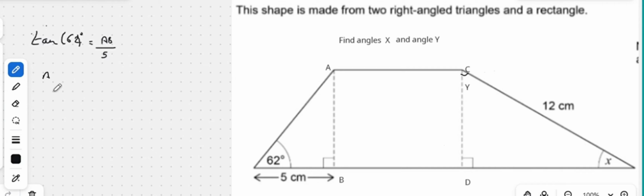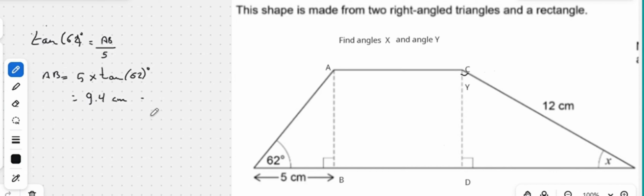So AB will be equal to 5 times tan of the angle 62 degrees. So using your calculator, you will end up with 9.4 centimeters to be the length of AB.